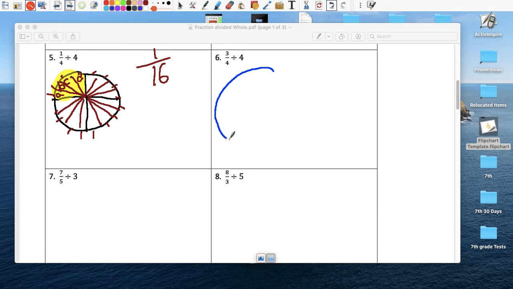3/4. Here's 3/4. Right? We have 3/4. And we want to share with 4 friends. So let's cut everything into 4 pieces. Right? So I cut that into 4.